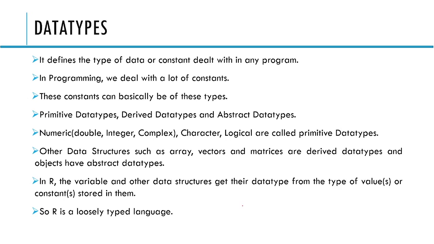Like suppose I am mentioning here in C and in R. In case of C, if you want to store an integer in a variable, then you have to declare it with the int keyword: int a. Then you have to write a is equal to 5. So a can have 5 now.